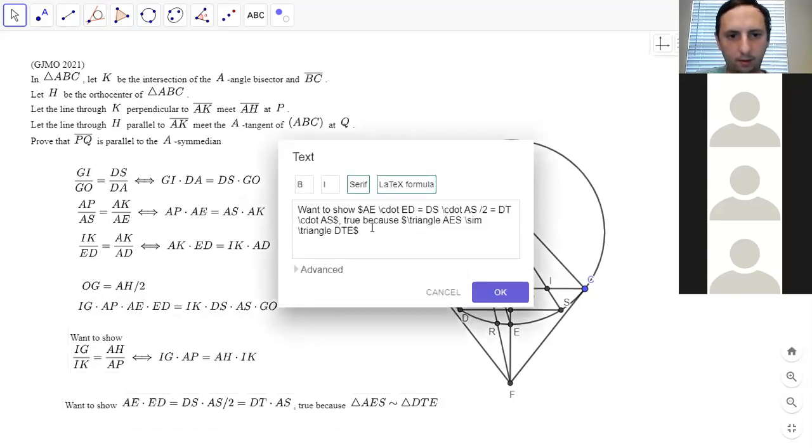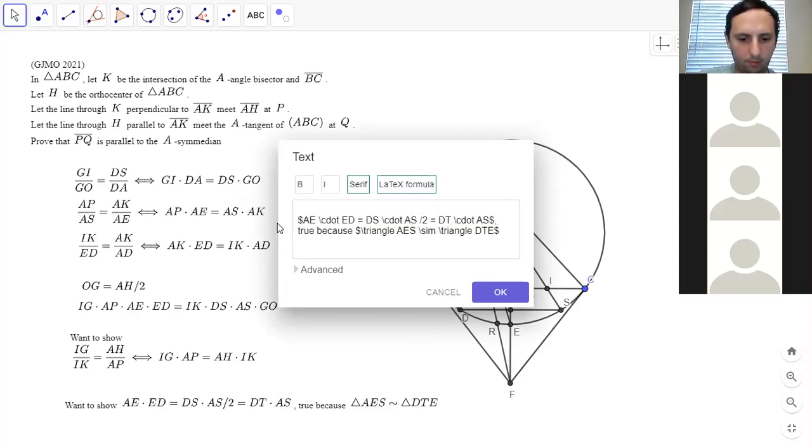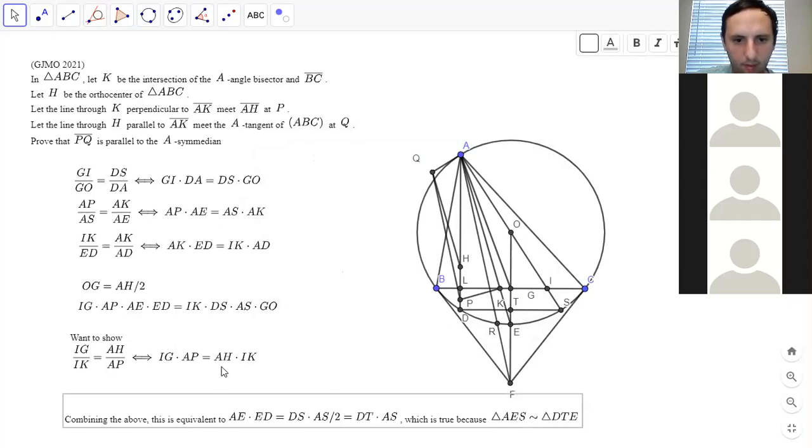Combining the above, this is equivalent to, and this first one is because ADS is similar to OGI.